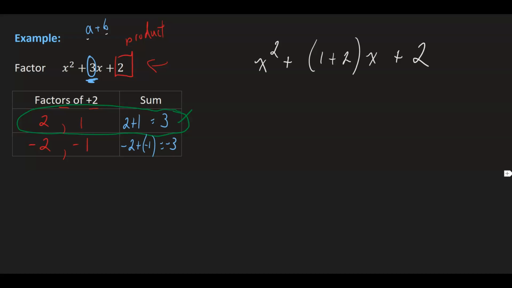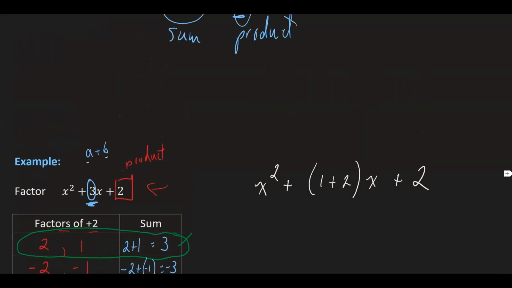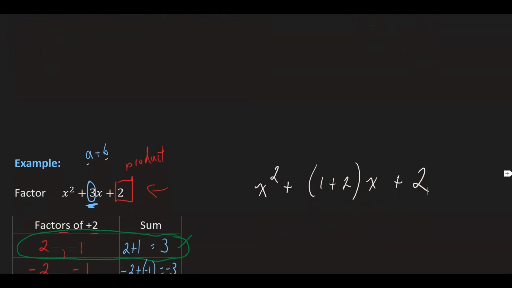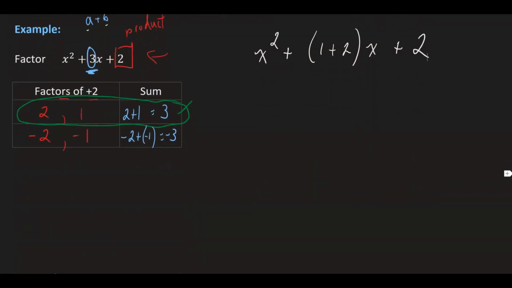Let me scroll back for just a moment. I'm writing it in this form right here, x squared plus (a plus b)x plus ab. All right. You don't have to write that form every time. I just wanted to show you how it fits that pattern.